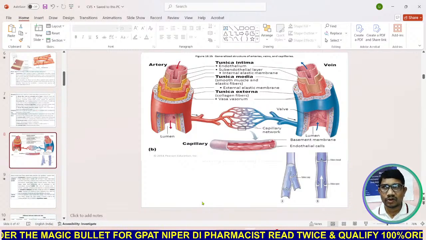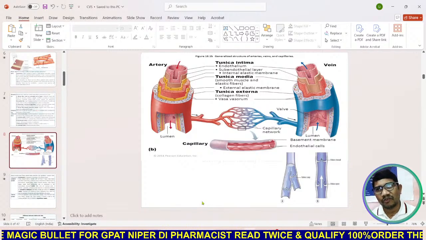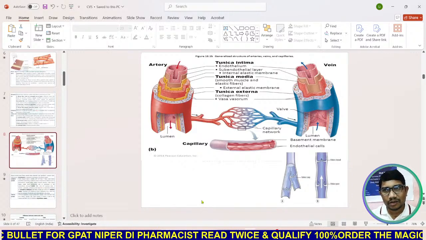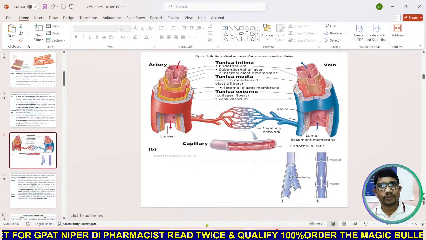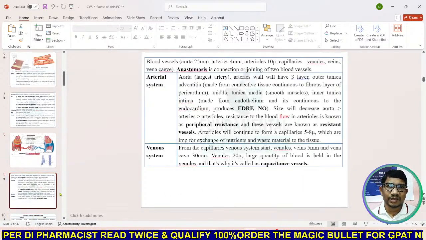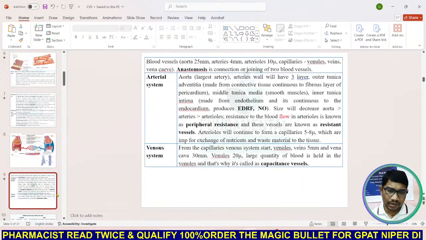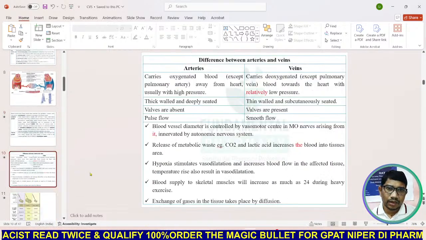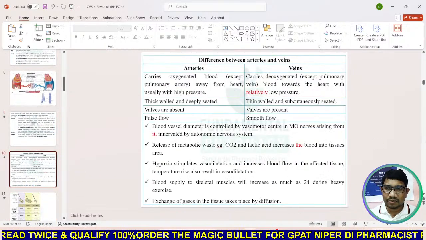The venular capillary will be converted to venules, then veins, and then the major veins, that is the superior and inferior vena cava. So we have seen the difference between the blood vessels.